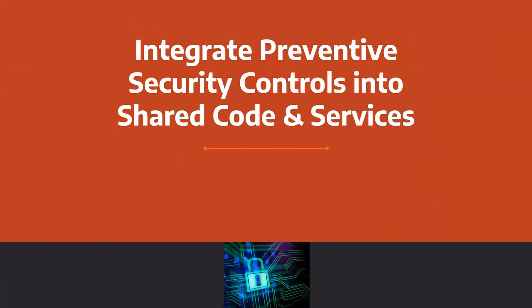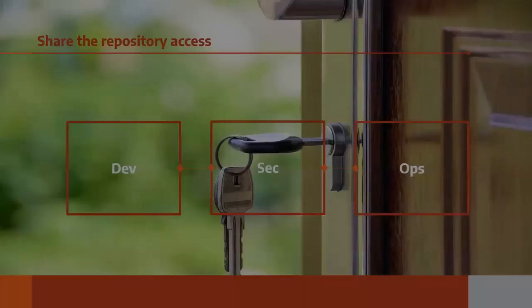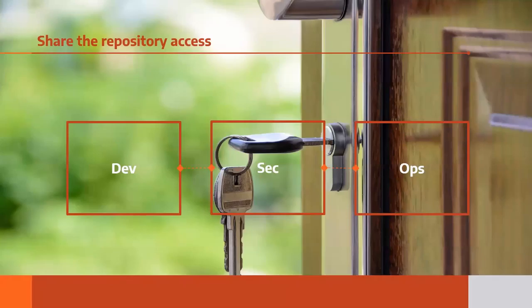Integrate preventative security controls into shared code and services. Repositories should not only be for code, but also for security problems. So version control apps like Bitbucket or GitHub should include the security libraries or services that are required. This would include things like two-factor authentication, encryption keys, tools for file integrity monitoring, and code libraries with their config settings.